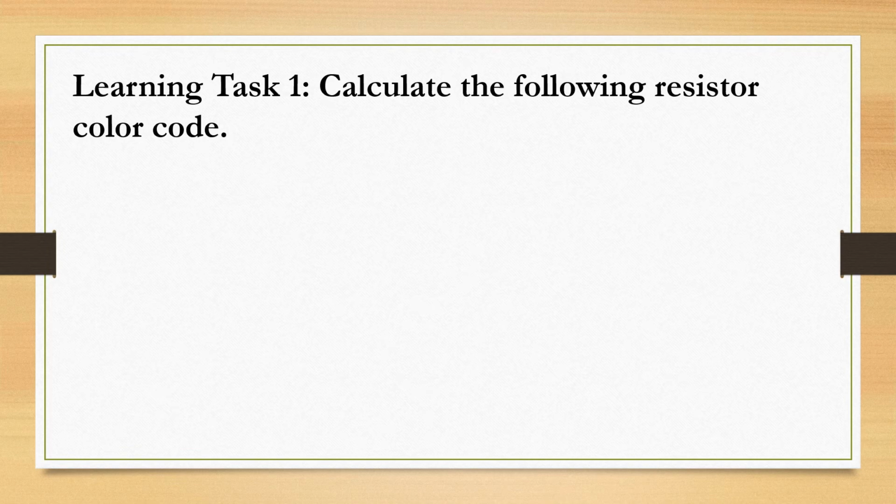Okay. So, in calculating the resistor, we will use the color code. Like I said, you can measure the resistor by using the ohmmeter, if you have a multi-tester like the one in the video I showed you earlier, or you may look at the color code of the resistor.